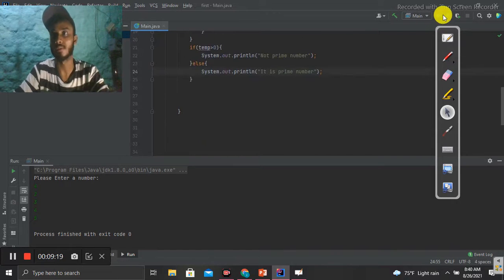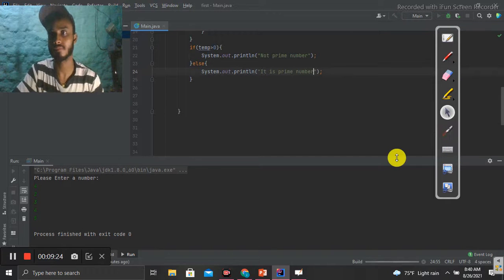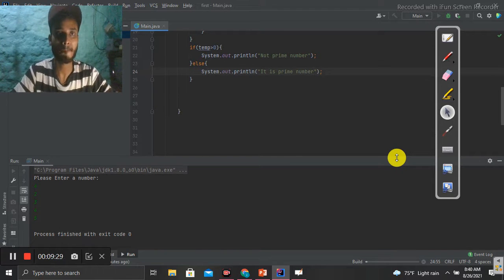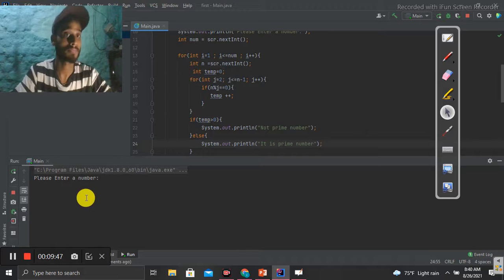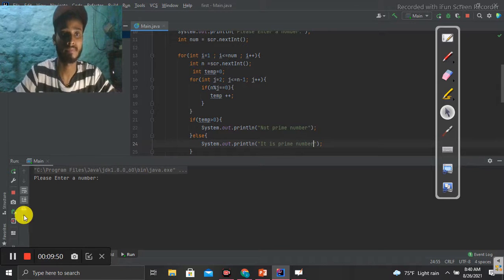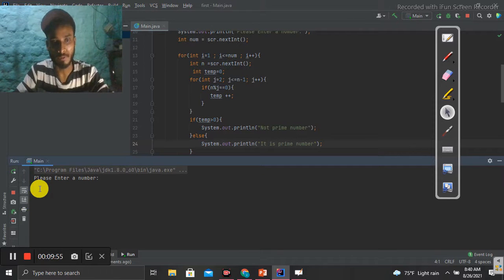Suppose I put here 5, as the number of inputs. I put 2.